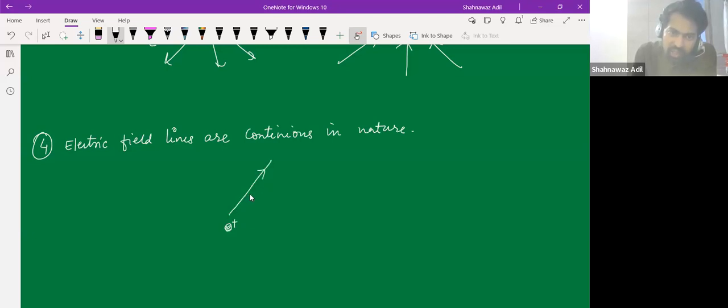They will not break here and then go from here. This will not happen like that. It will be continuous, right?